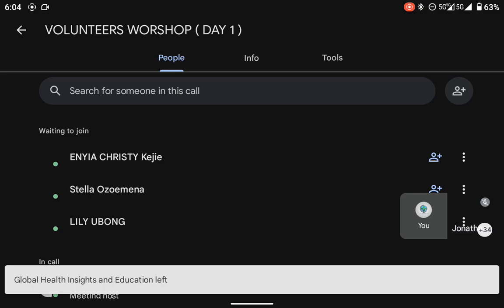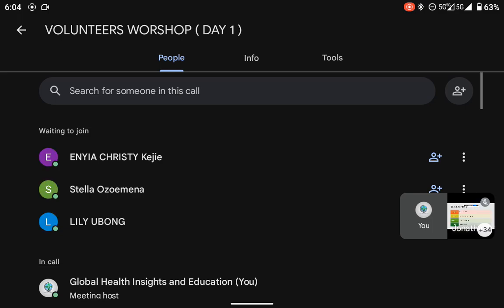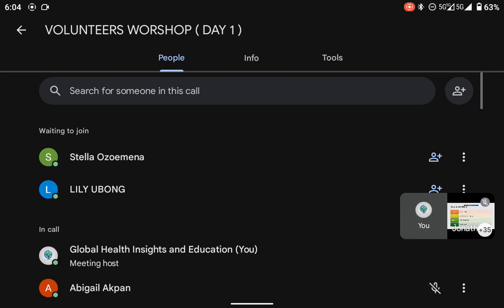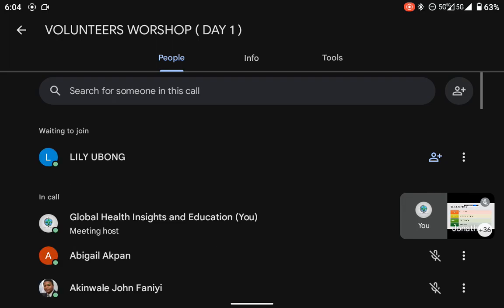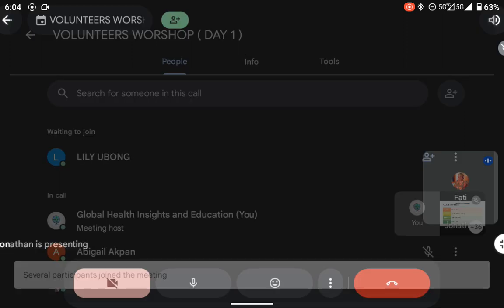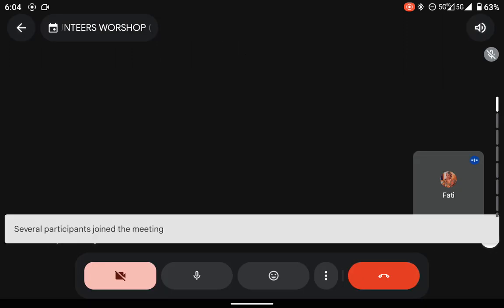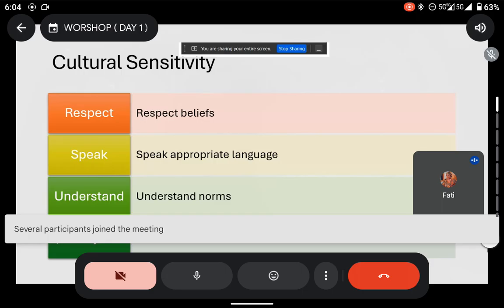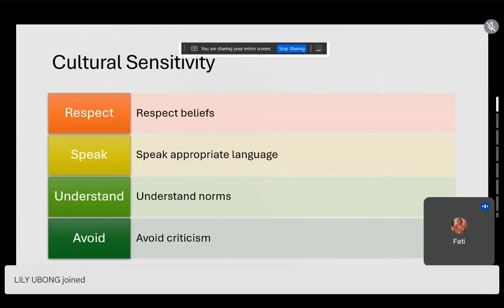Don't criticize them. As I said, don't go forcing them to believe what you think it is. Let's say you knew that this woman's child is having malaria. She is saying no, it is not malaria, it is an evil eye somebody is casting onto my daughter.